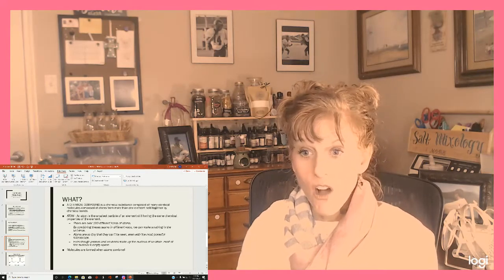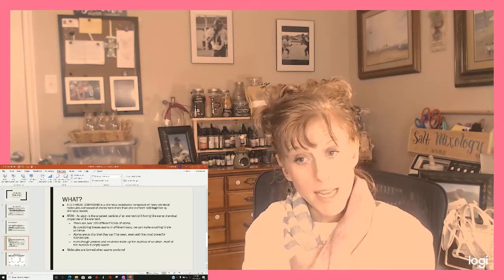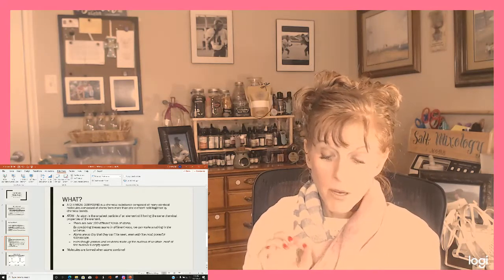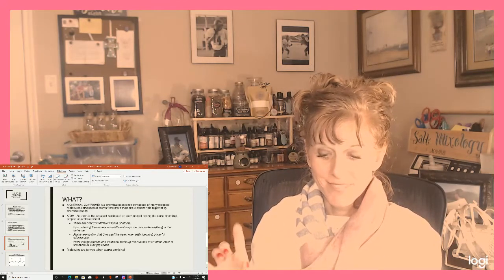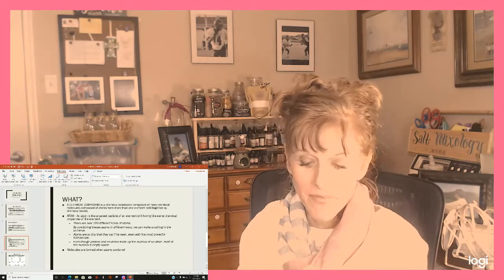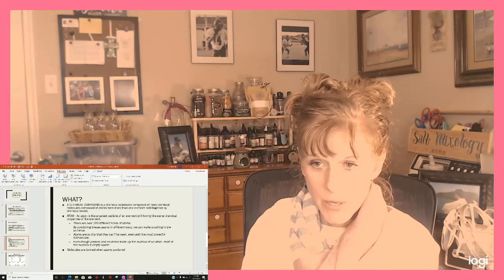A chemical compound is a chemical substance composed of many identical molecules, composed of atoms from one or more than one element held together by chemical bonds. Okay? An atom. Let's break it down even further.